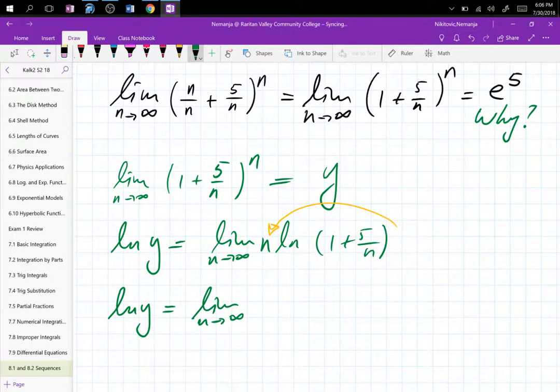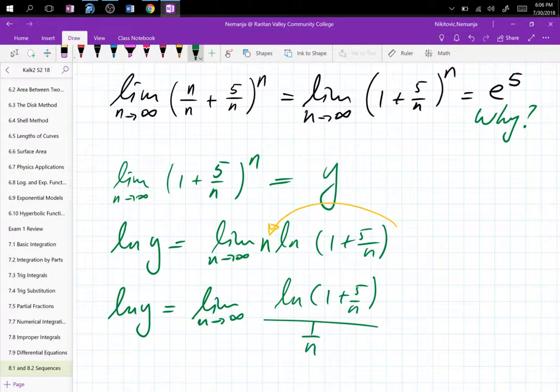And now over here, what do I have? I have infinity times 0. So, since I have infinity times 0, I write ln of 1 plus 5 over n, everything divided by 1 over n.